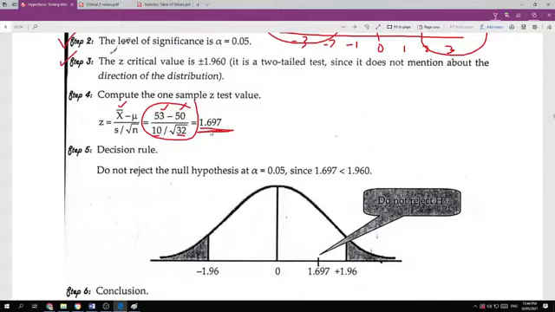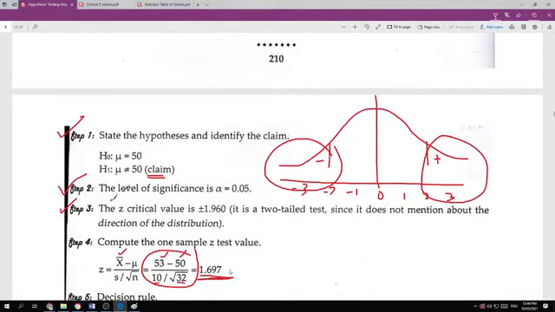Now, you compare this. Is this value greater than or less than the critical Z? You compare the computed with the critical Z. Compare the two. Is it less than or greater than? Less than.